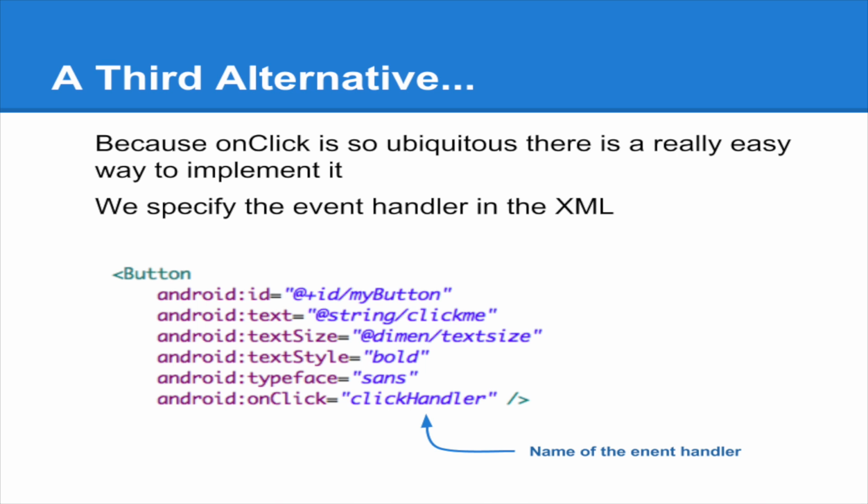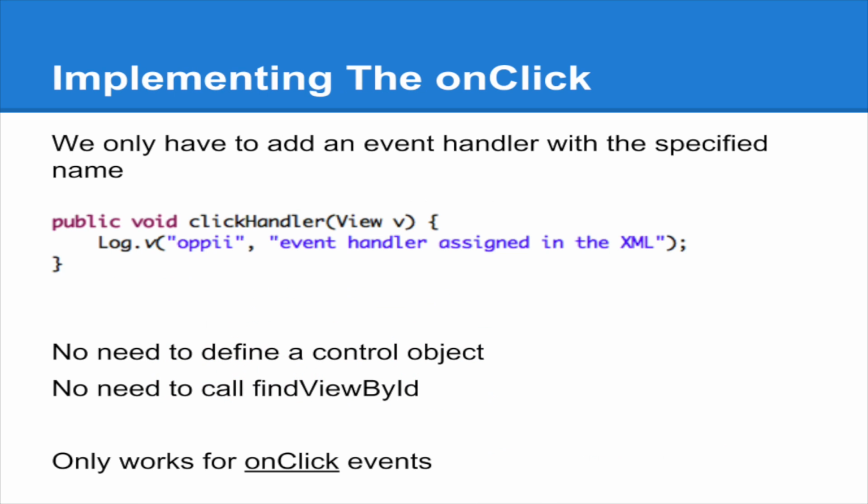So if you've got an Android on-click attribute of any control, you simply specify what the name of the method is that's going to handle that click. That's easier, isn't it? So for on-click handlers, why not? Then all you do, look, in my main code, as long as I create a method with the correct name that passes a view and returns void, I can just create the method. There's no implementing, no faffing around with nested methods, nested functions.